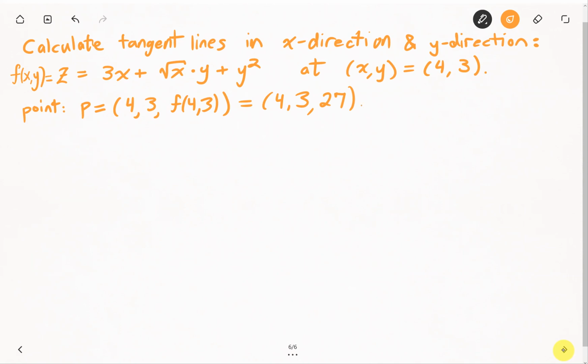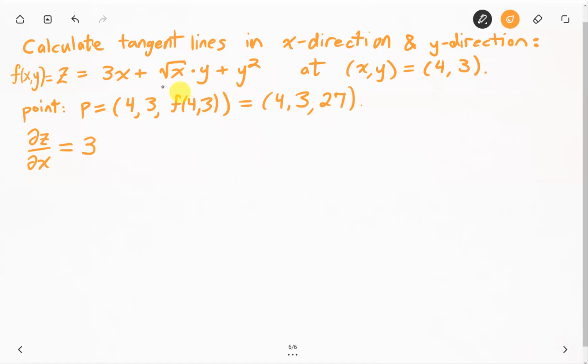Next, to calculate the slope vectors in each case, we're going to need the partial derivatives of this function. This is the fun calculus-y part. So the partial derivative with respect to x will be, let's see, first the derivative of 3x is 3, because x is the variable. Next, I'll have square root of x times y.